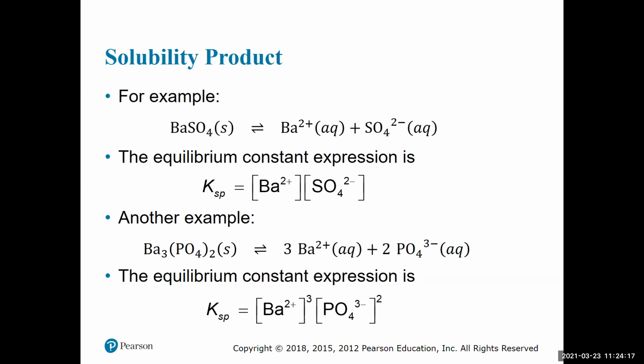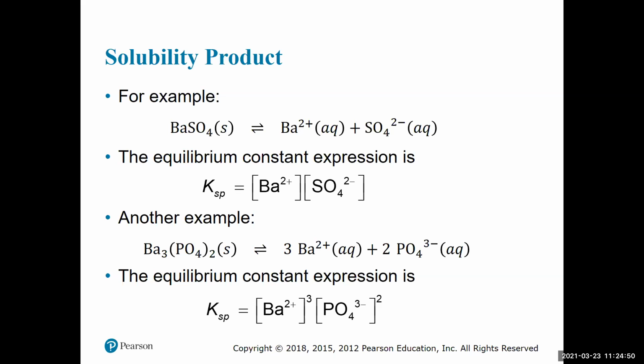But notice that on the barium, we have to raise it to the power of 3 because of the 3 in this balanced equation. And the phosphate is raised to the power of 2 because that phosphate has a 2 in front of it in the balanced equation. Once again, on the reactant side, the barium phosphate is a solid, so it doesn't show up because it has that value of 1, so it doesn't impact the equilibrium constant.